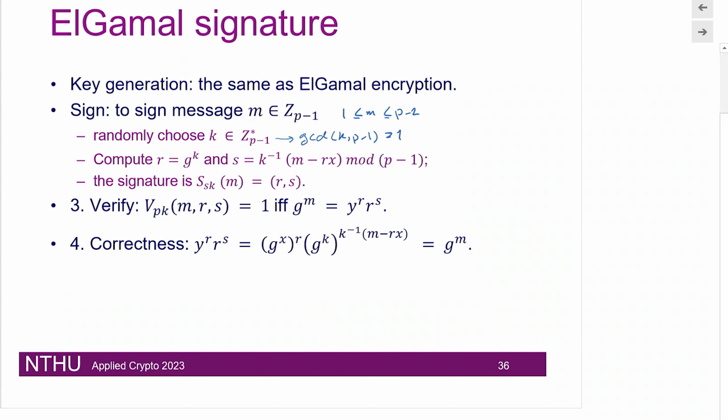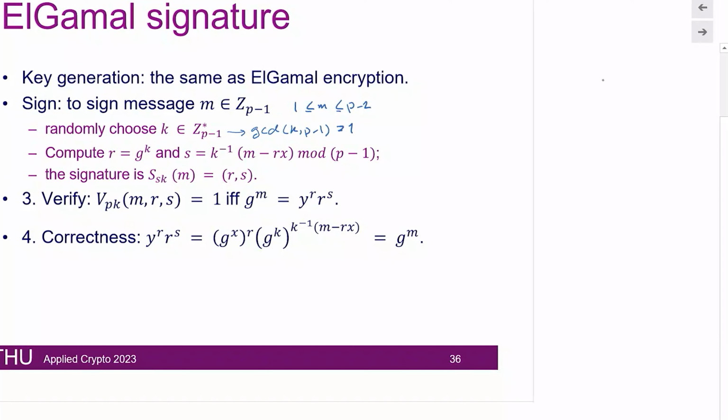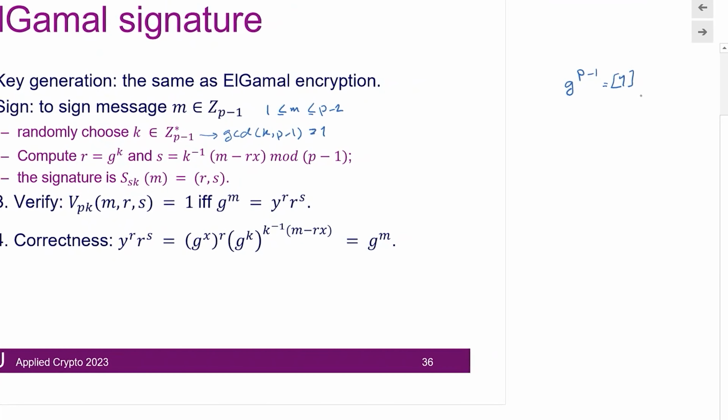So the story is, why do we do that? Remember from Euler's theorem that if we take some generator and raise it to the power p minus 1, the answer that we get is 1, or the equivalence class of 1 mod p.